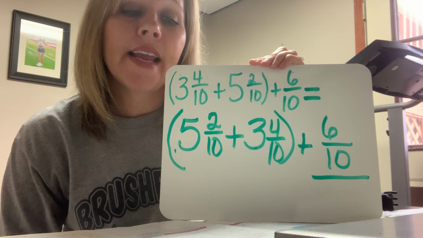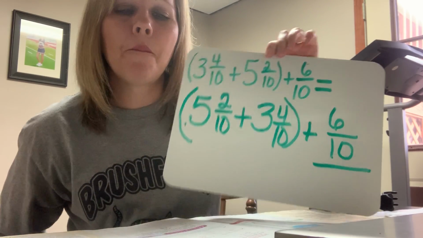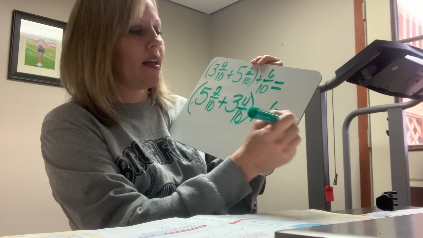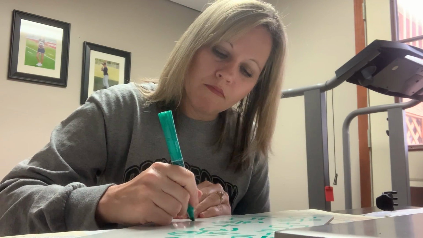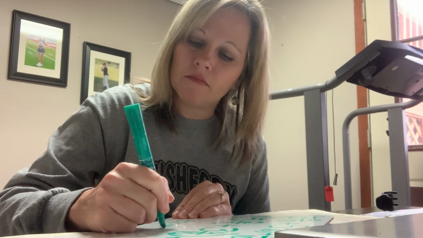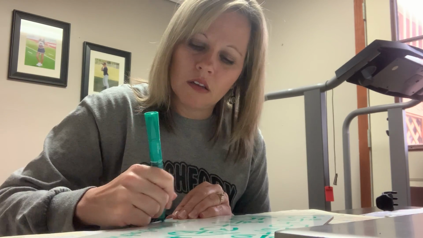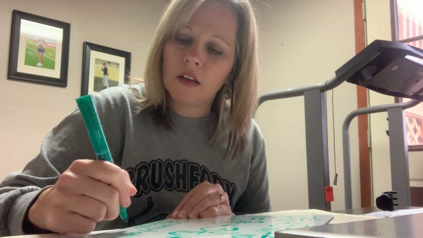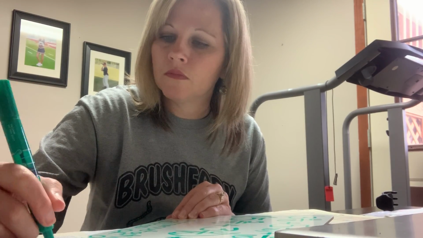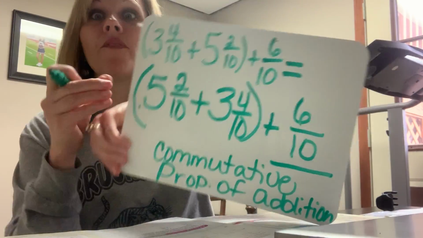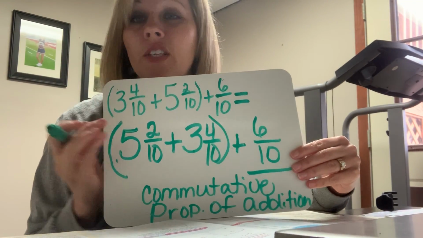On the line out from it, they want us to identify the property. On that line, you're going to write commutative property of addition. This is all the first line, going straight across, but my board's not big enough to do it, guys.